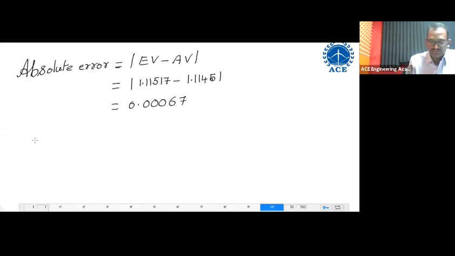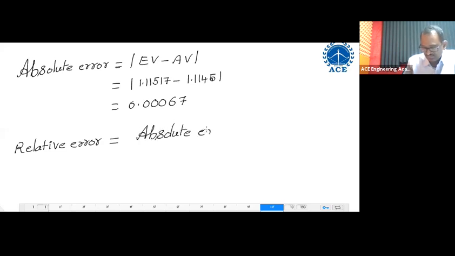0.00067. Now relative error. Relative error is absolute error divided by exact value.